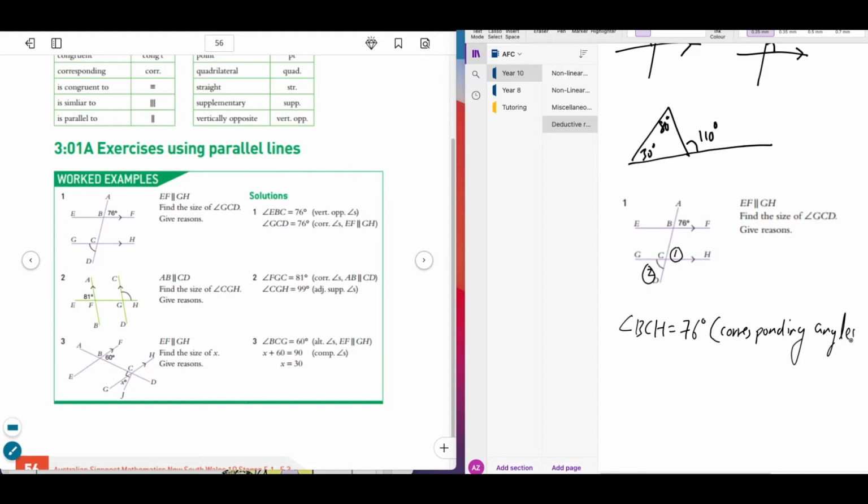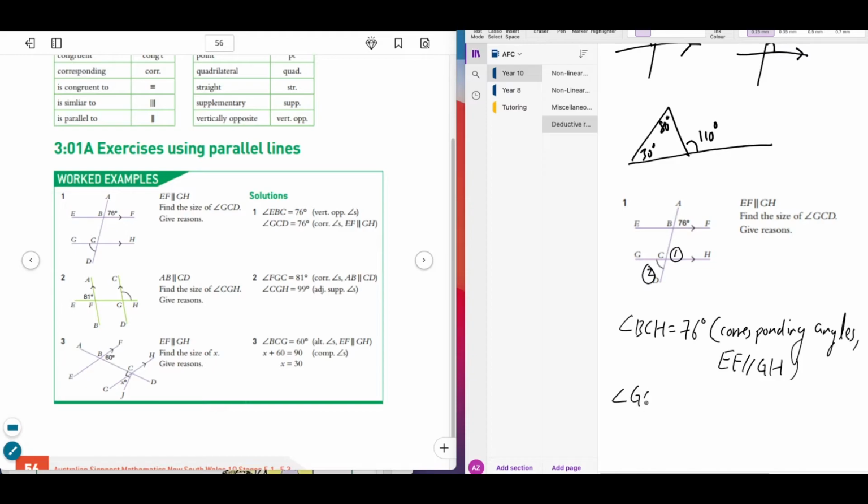Now, one thing you have to be really careful of: every time you write corresponding angles, you need to write parallel lines, because corresponding angles do not have to be equal. So then what I'll write is corresponding angles, the line EF is parallel to GH. You definitely need to write the EF parallel to GH part. Very important. Once you've found out this angle, then you can work out angle GCD, right?